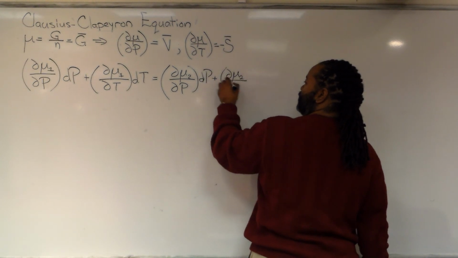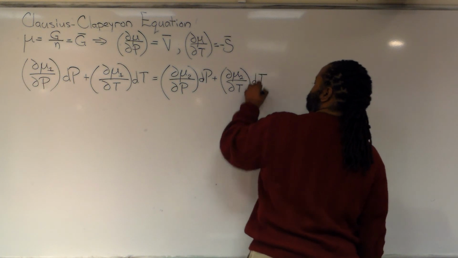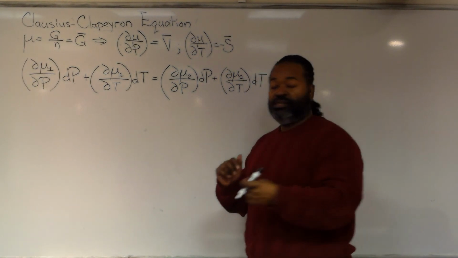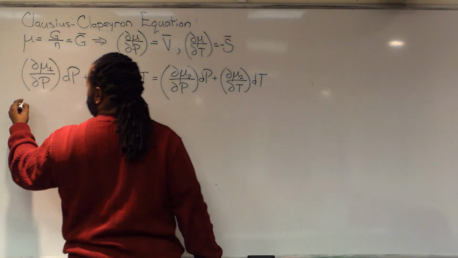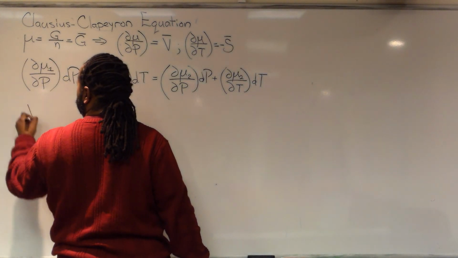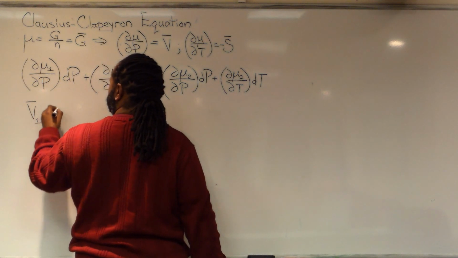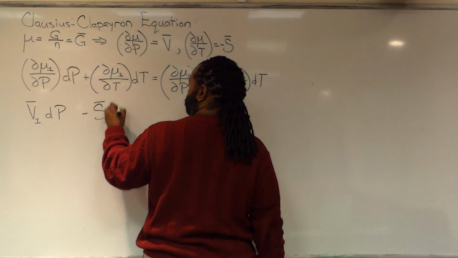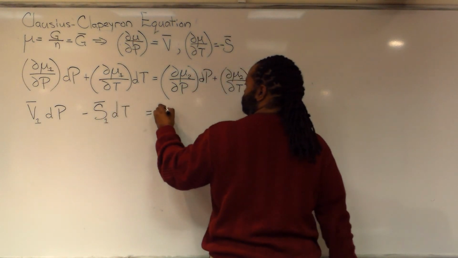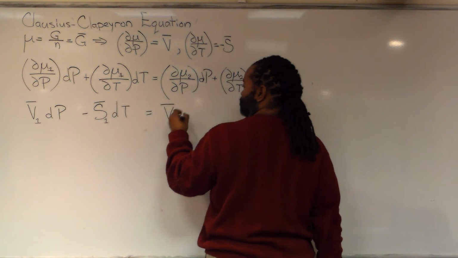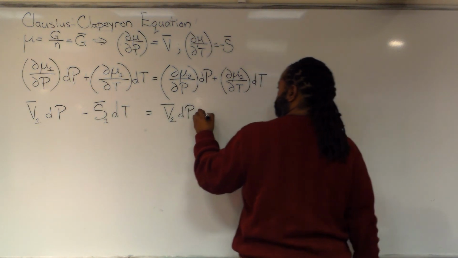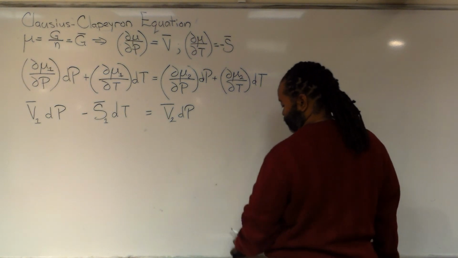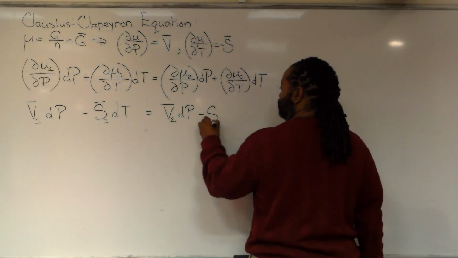And so at this point, it's now possible to make a number of substitutions and start grouping terms together. So we can have that the volume term here, dP minus S1 molar dT, has to be equal to molar volume for phase 2 dP and the negative of entropy for phase 2.